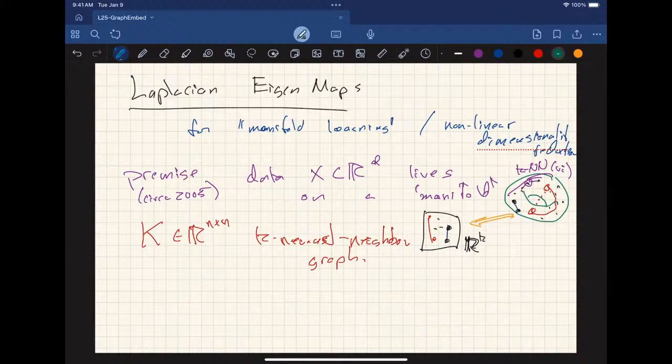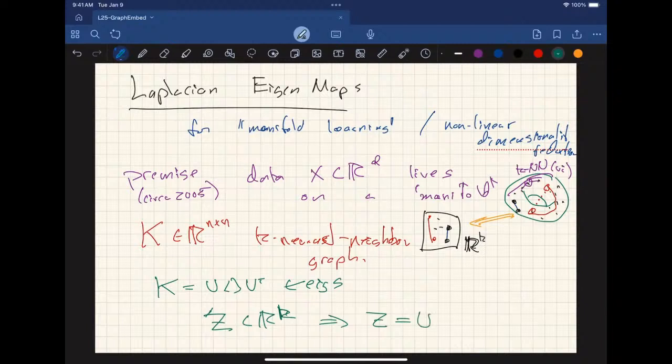And then we just do as before. K is equal to U lambda U transpose, by the eigendecomposition. And then my data embedding in R^k, my data points Z, are just going to be U sub k, where I take the top k eigenvectors from K, my k-nearest neighbor graph.